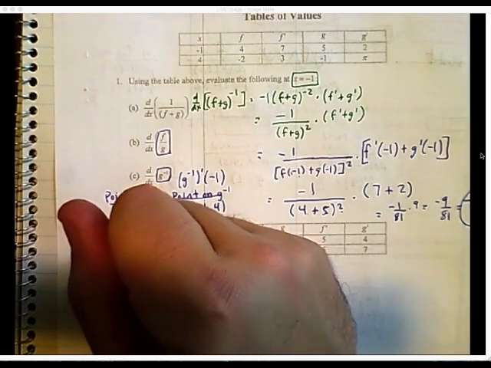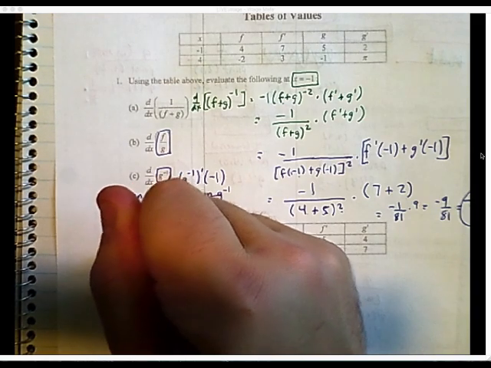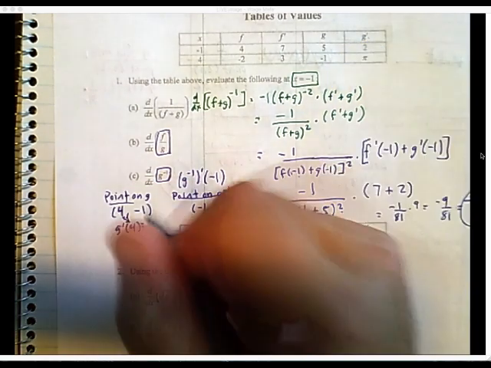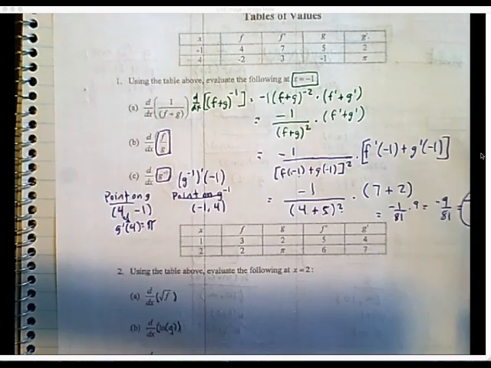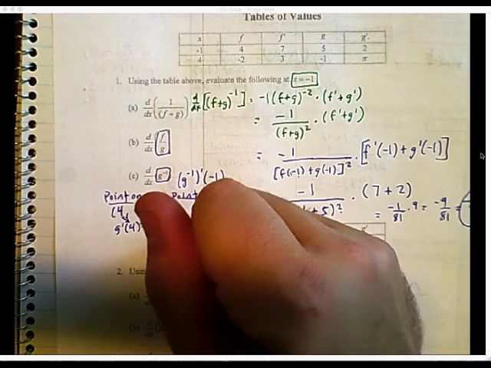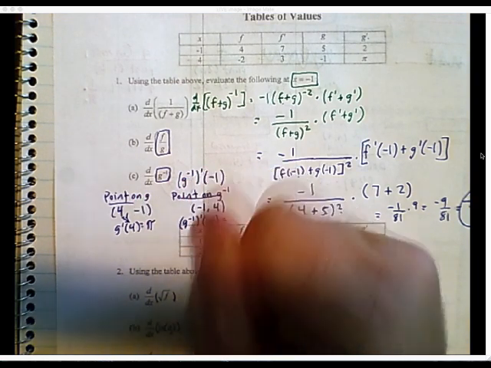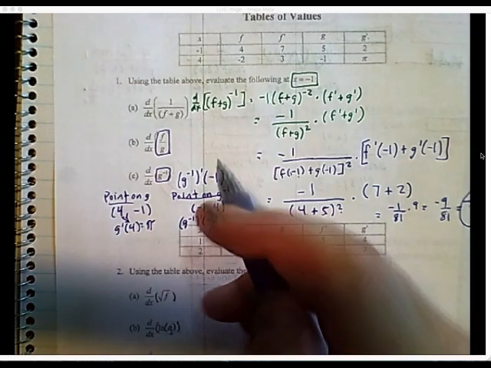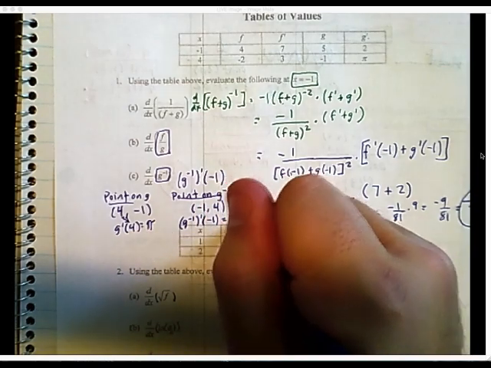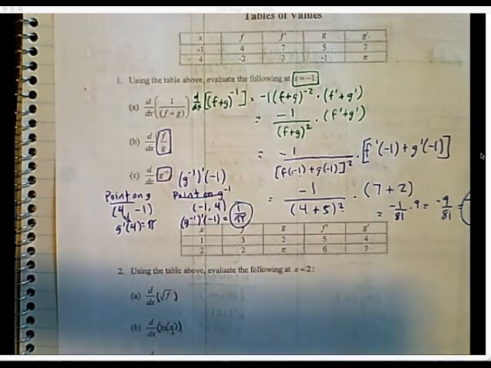So here, you could figure out what g prime of 4 is, that x value, by looking at the table. G prime at 4 is pi. So over here, the inverse derivative evaluated at negative 1, which is what the question's asking for, is the reciprocal of pi. So what's the reciprocal of pi? It's 1 over pi. And that's done at that point.